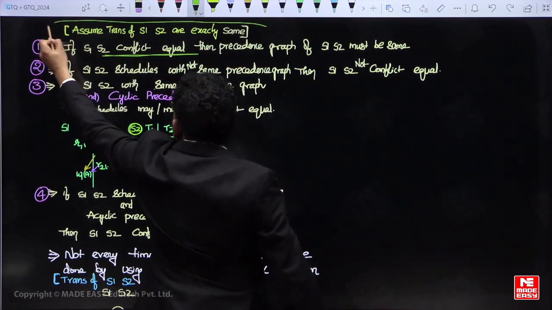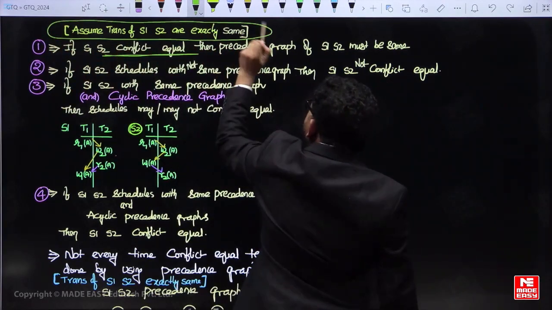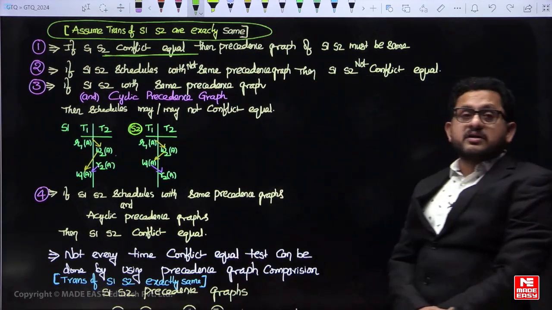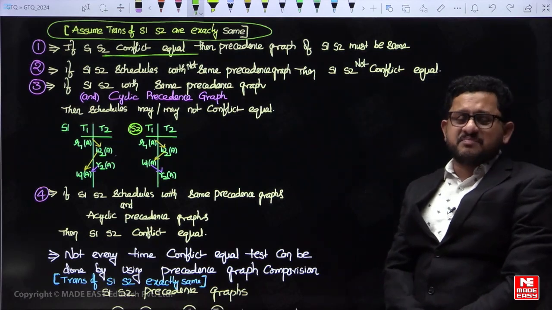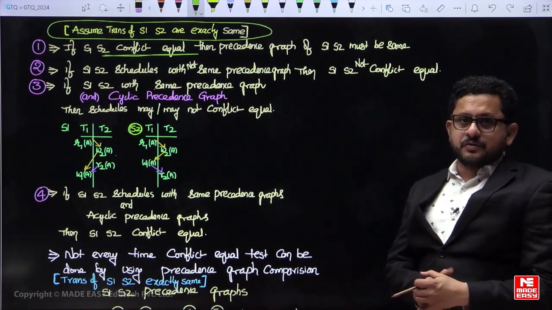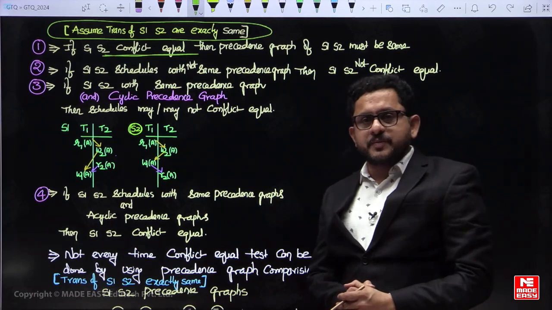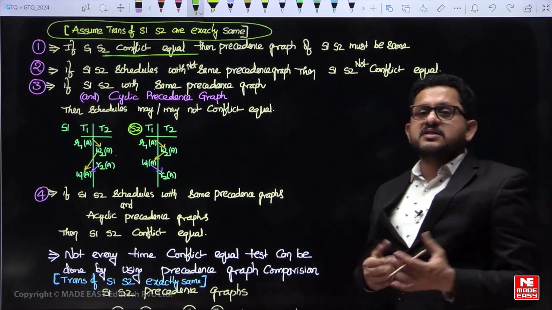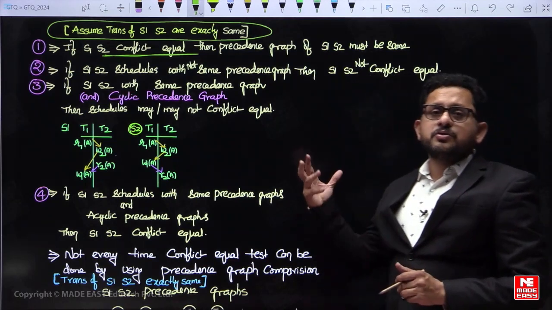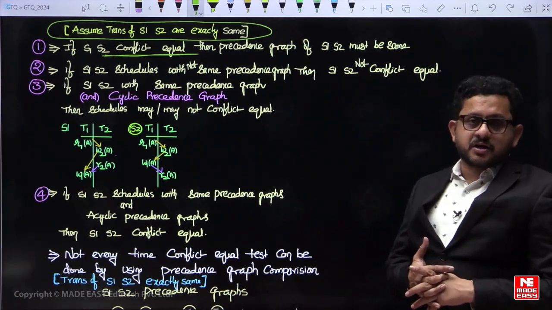If any transaction of the two schedules is not the same, say T1 of the first schedule and T1 of the second schedule are different, there is no meaning in comparing the schedules. So when we compare schedules, both must have the same set of transactions. If some transaction is not the same, conflict equality is guaranteed not true.